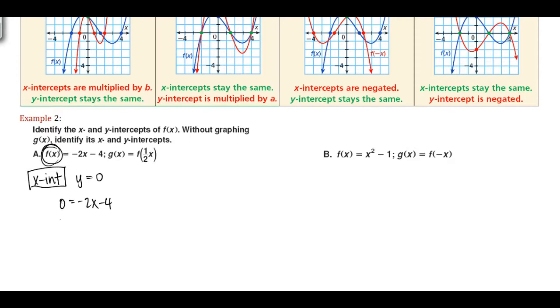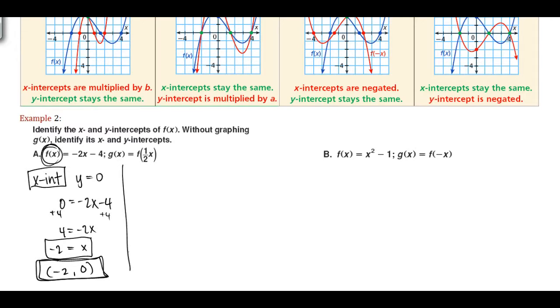Solve that for me. I'm going to add 4 to both sides and get 4 equals negative 2x. Then I divide by negative 2 and get x is negative 2. That's our x-intercept. It's best if you write it as a point, the point negative 2, 0. So there's your x-intercept, right? That's where the graph crosses the x-axis.